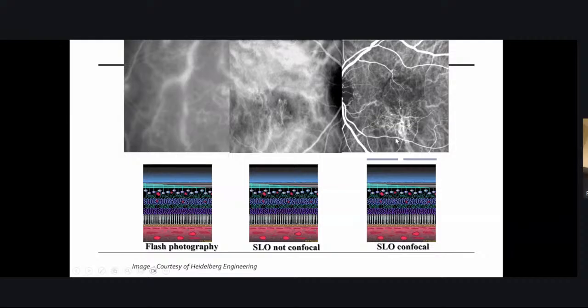On the right is confocal scanning laser imaging. So if you employ a confocal aperture, the contrast is much better. And if you add in the scanning laser method of lighting up the retina, then it reduces glare and therefore allows us to image the blood vessels with exquisite detail.